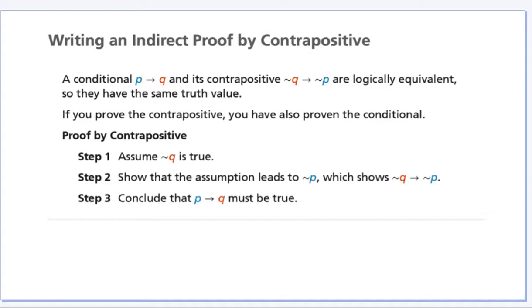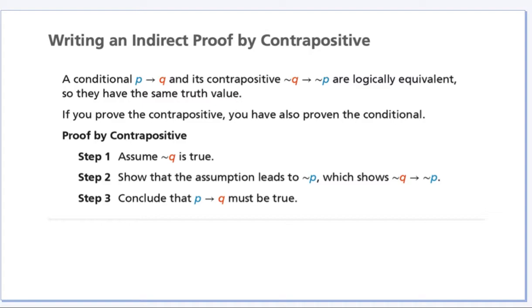If you prove the contrapositive, we've also proven the conditional. So with a proof by contrapositive, we assume that not Q is true. We want to show that it leads to not P, which shows that not Q implies not P. So therefore, P implies Q must be true.